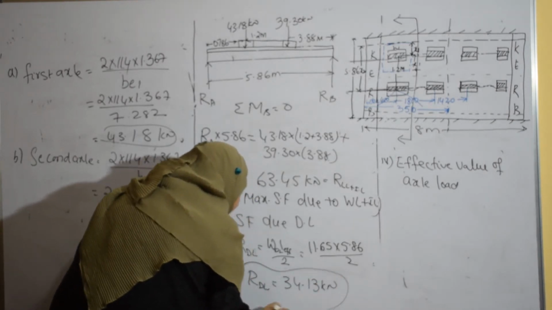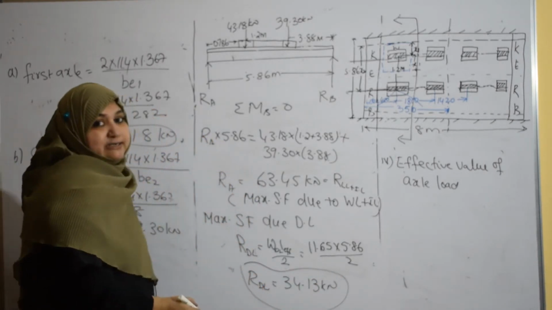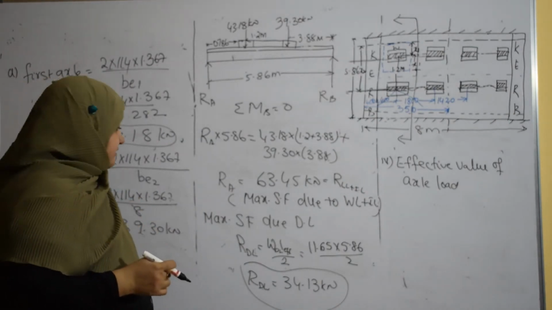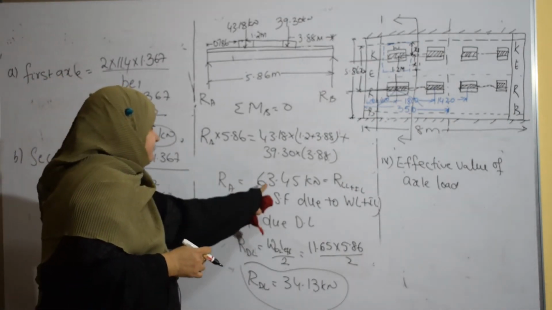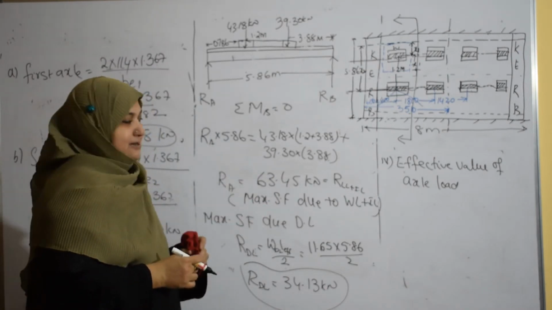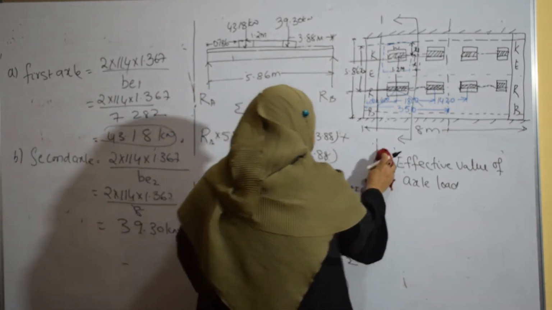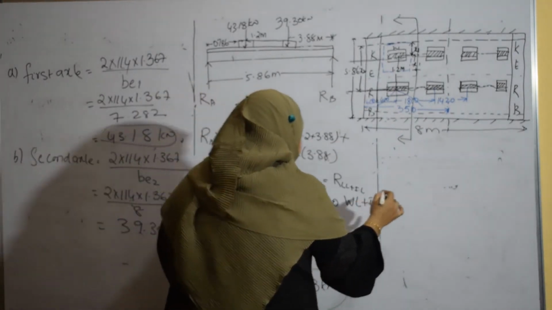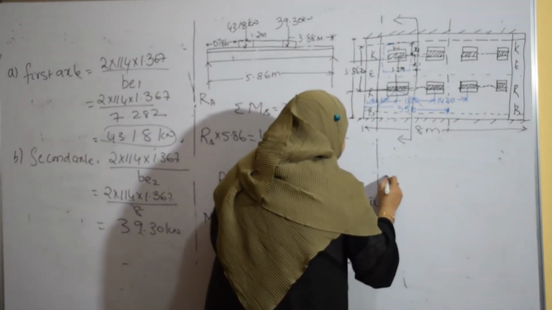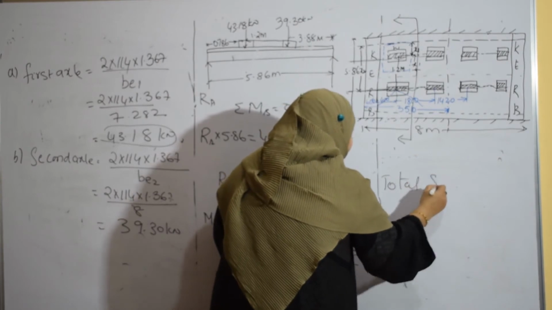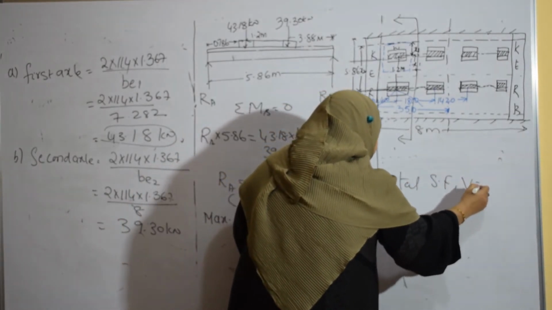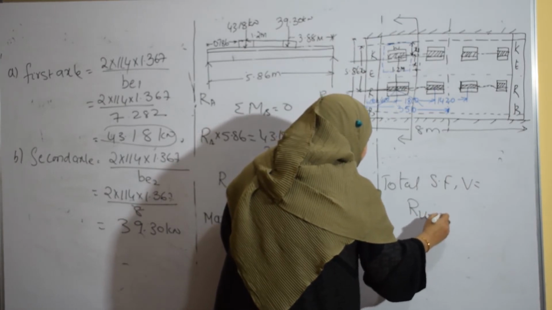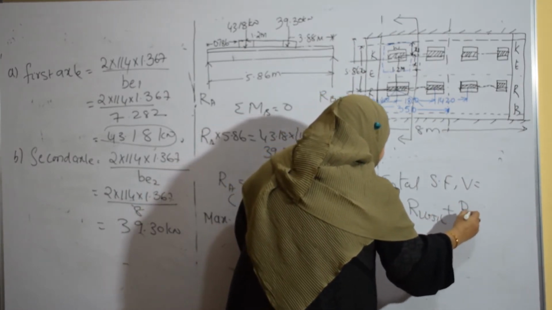Like we calculated the design bending moment, here also we get the total shear force due to dead load plus wheel load plus impact load. So total shear force V is equal to RLL plus impact load plus dead load.